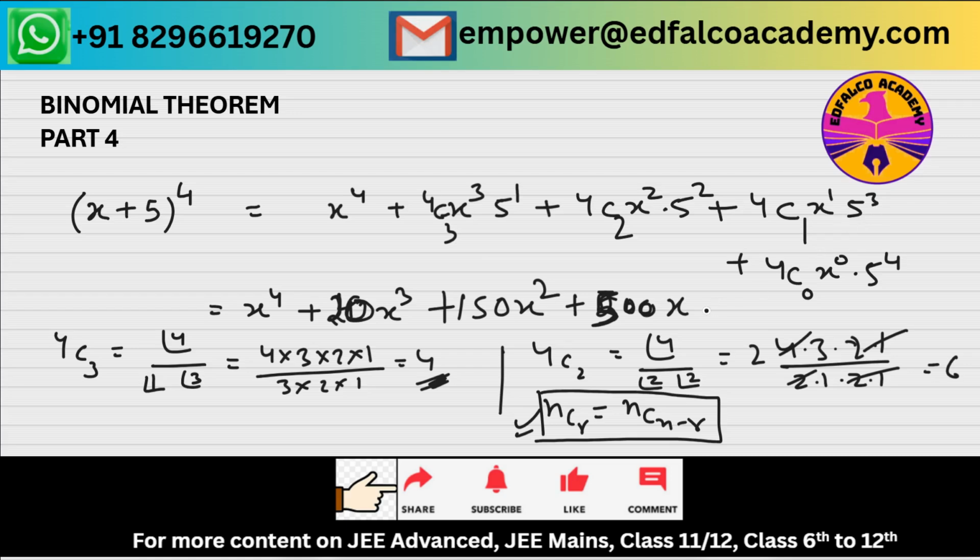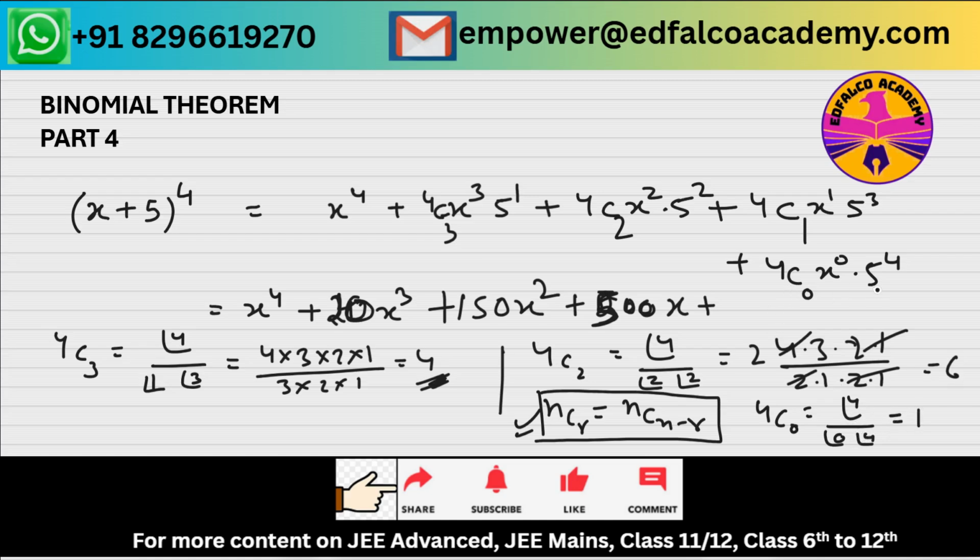And then lastly, 4C0 is 1, because 4C0 is equal to factorial 4 by factorial 4 factorial 0. Factorial 0 by convention is 1, and factorial 4 by factorial 4 cancels out to give 1.